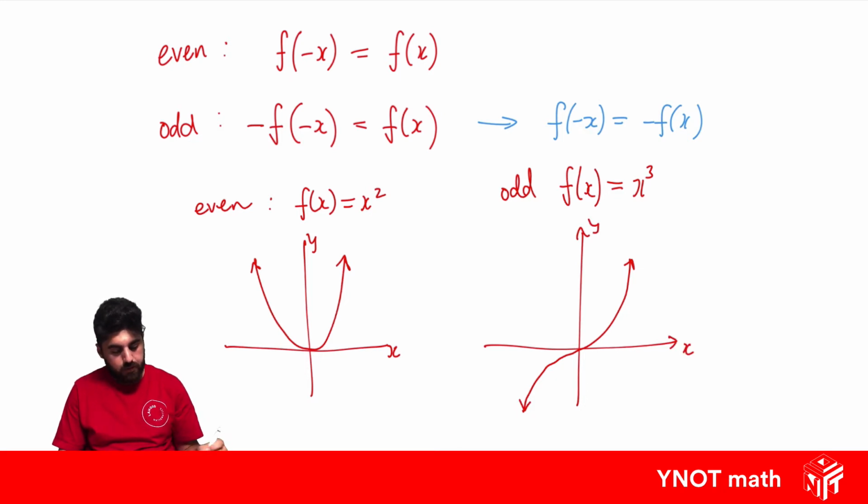And the geometric properties we should memorize is that an even function is symmetrical about the y-axis. Let's write that down. So it's going to be symmetrical about the y-axis. And an odd function is going to be symmetrical about the origin.